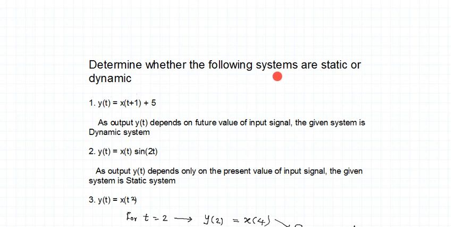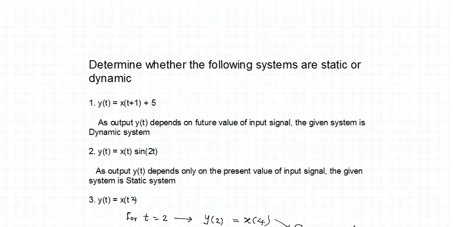Now, looking at its dependence on the input signal, you have to determine whether the given system is static or dynamic. Now, looking at the definition, what is a static system?